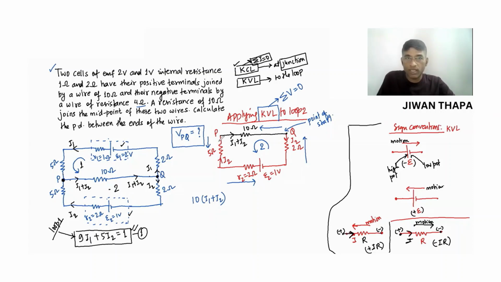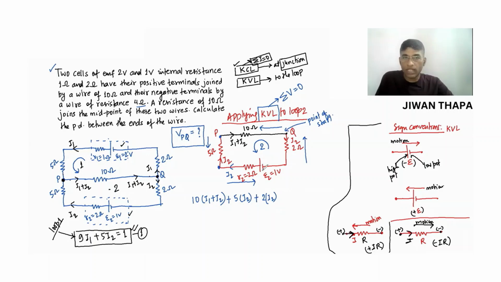In this part of the circuit, we are moving opposite to current I2, so the product 5 times I2 is positive. Again, in this part, we are moving opposite to current I2, so the product 2 times I2 is positive.